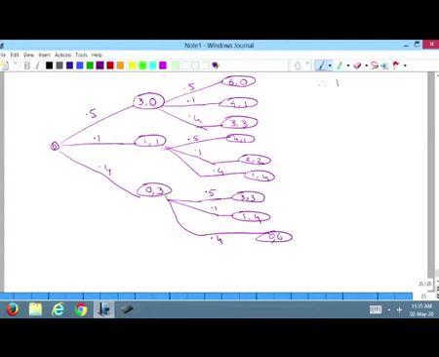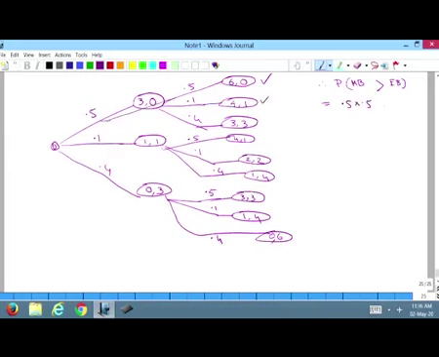Therefore, probability that Mohunbagan's points are greater than the points of East Bengal is equal to 0.5 into 0.5, because that is the probability along this branch.